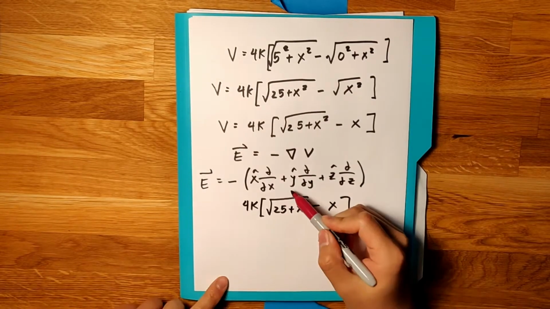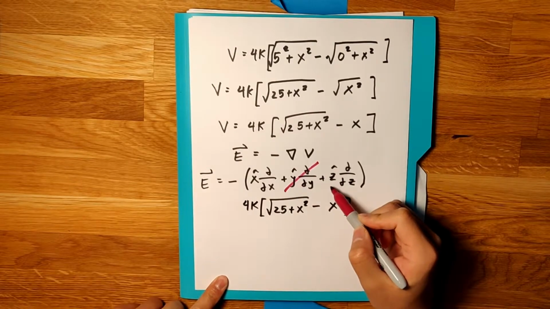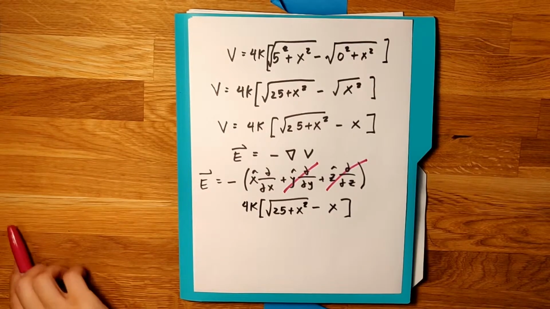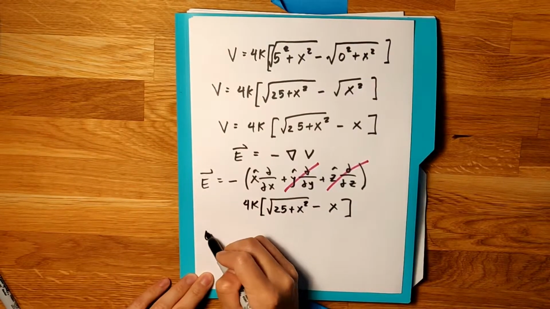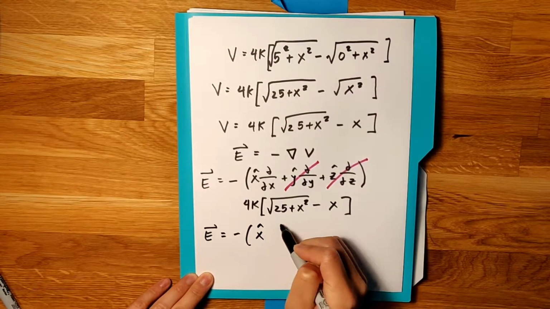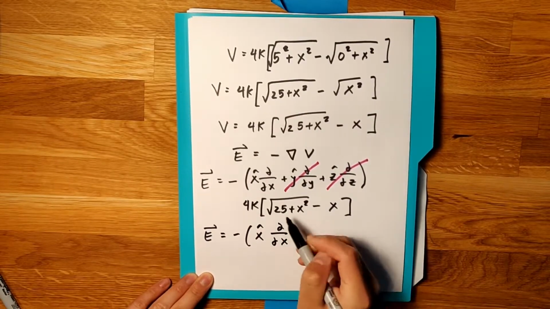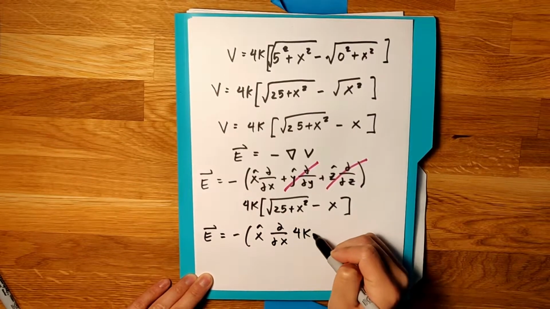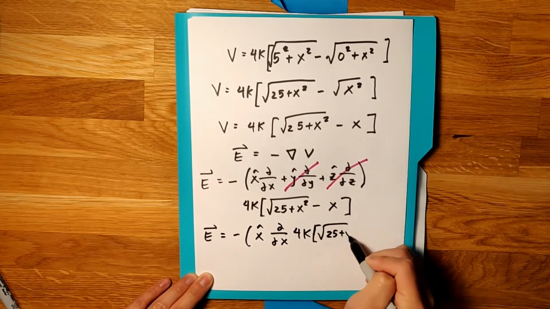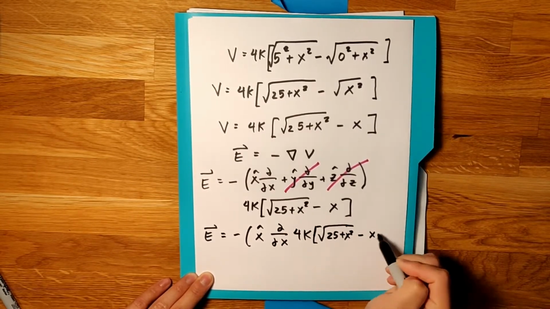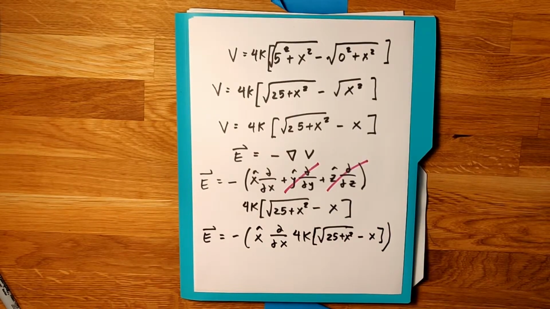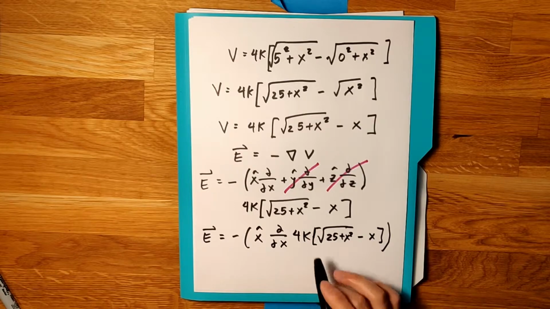That means we don't have to do the y or the z. All we really have to do is the negative x hat of 4k times the square root of 25 plus x squared minus x. So all we have to do is take the partial derivative with respect to x of our electric potential.